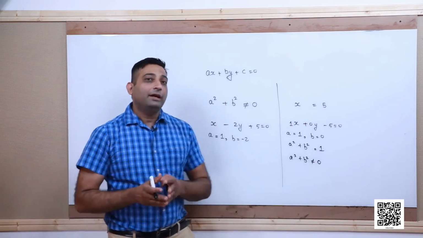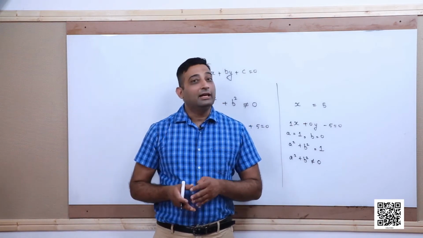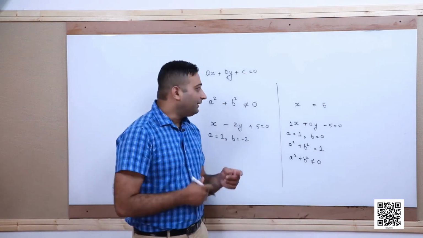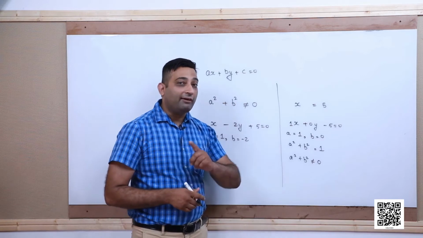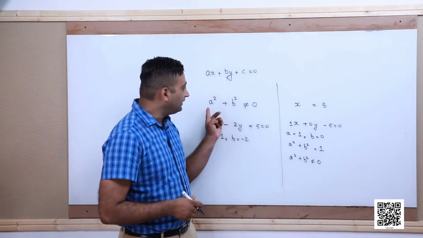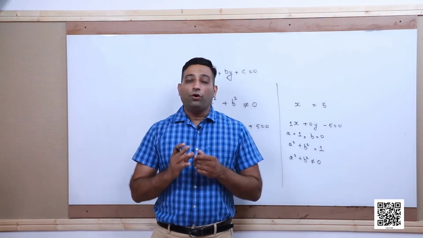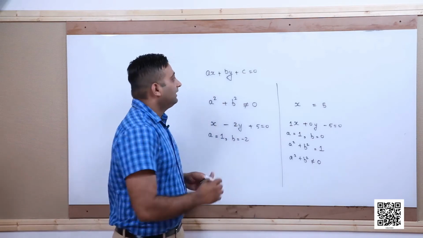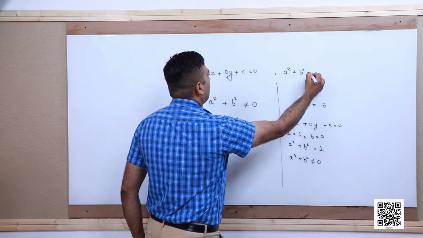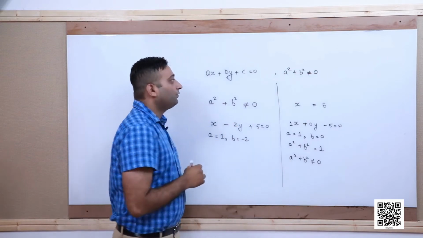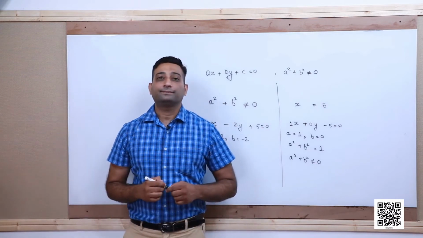Hence, only if both the coefficients of x and y are 0 will we get the condition that a square plus b square is 0. Otherwise, we will never get this value equal to 0. Hence, we always put the condition that a square plus b square should not be equal to 0 for a linear equation in two variables.